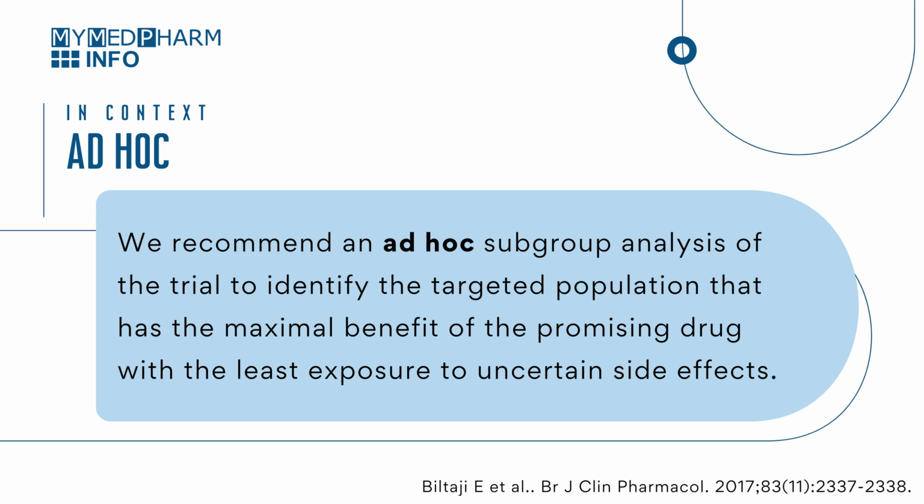So here, basically, authors of the publication from where the quote comes recommend an unplanned subgroup analysis to identify a population of patients that has the maximal benefit of the drug. And it says the promising drug because the drug has already been tested in the trial. So the analysis is recommended after the trial completion.